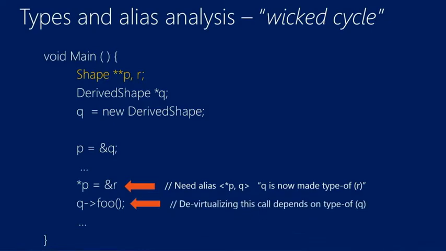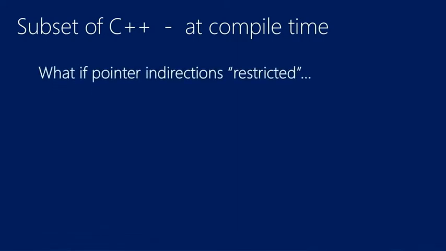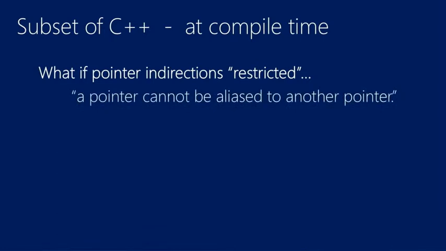Make sense? So now, what we're thinking about doing is subsetting C++ at compile time. So what if pointer indirections were restricted? A pointer cannot be aliased to another pointer. If we do that, we could probably assure that there are no hidden updates.